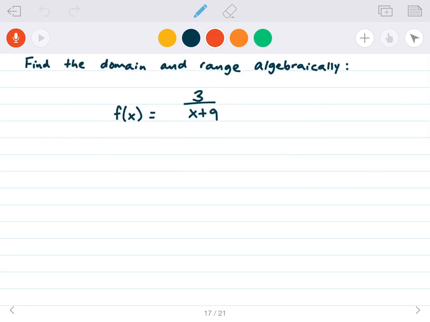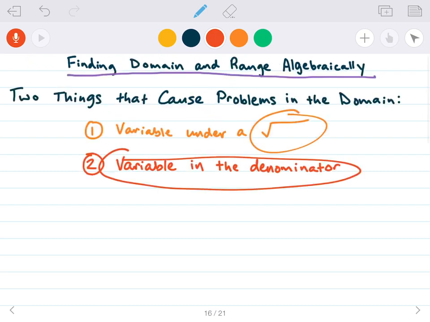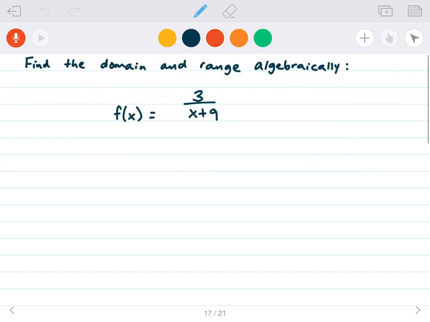Okay, so let's look at this. Find the domain and the range algebraically. I'm not going to focus too much on the algebraic side of the range, because it's kind of tedious to do, but maybe we'll just do it for this example to show you how it goes. What do we have? We have an issue: a variable in the denominator, right here, x.